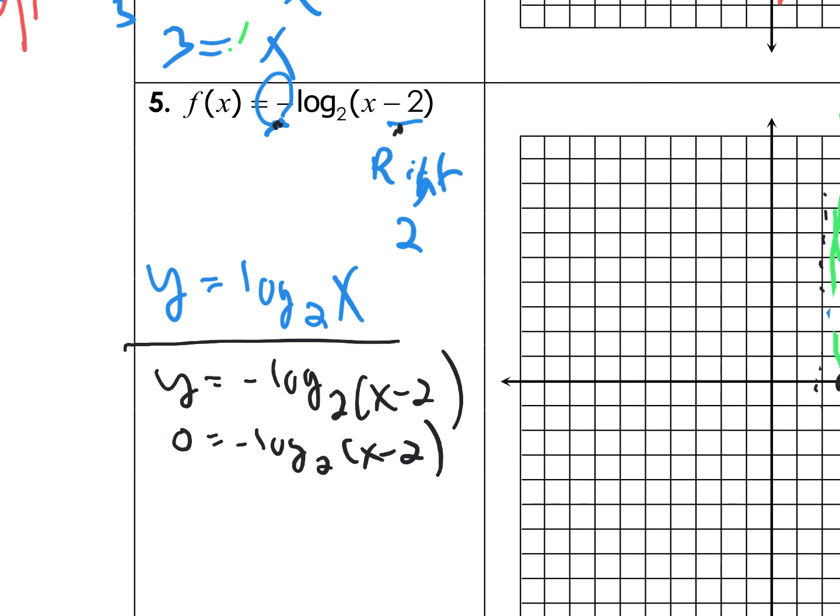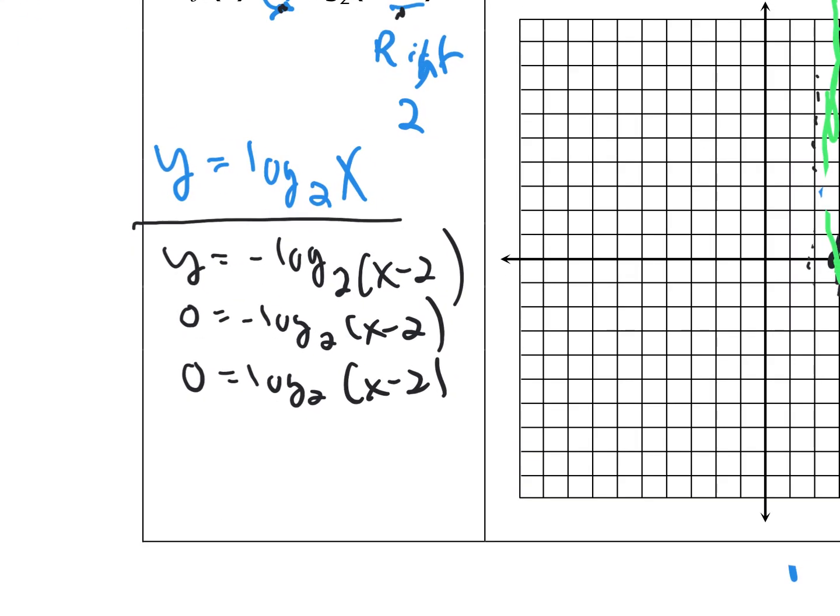And get rid of the negative. Dividing both sides by negative 1 still gives you 0 equals log base 2 of (x minus 2). Exponentiate both sides to get rid of the log base 2. This goes away. This becomes 1. 1 equals x minus 2. Add 2 to both sides. 3 equals x. So it's (3, 0).